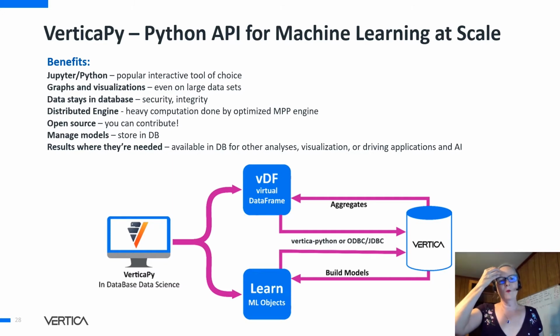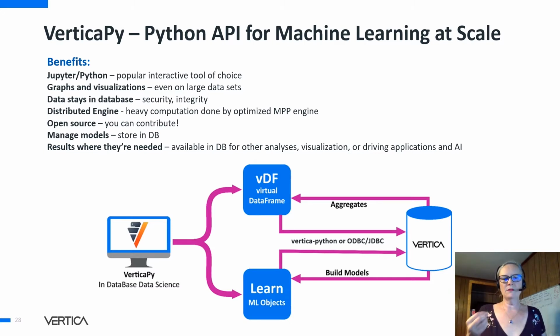So how does it work? Essentially, you import the library and you write what looks pretty much like Python code in your Jupyter notebook. The big difference is instead of creating an in-memory data frame and doing your steps on that, you are creating a virtual data frame.